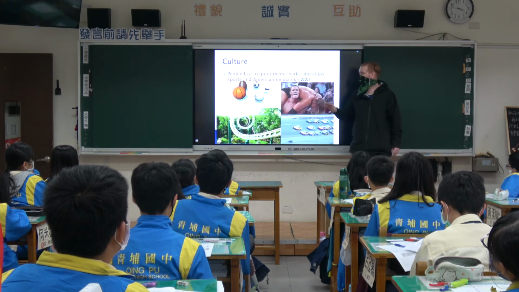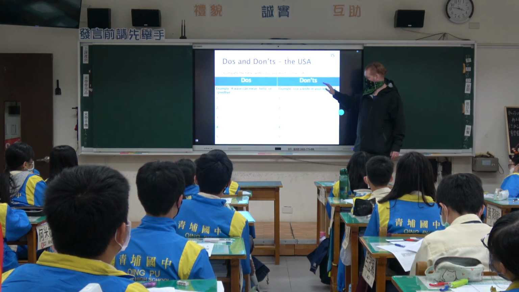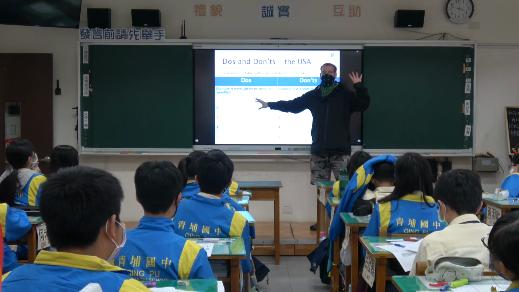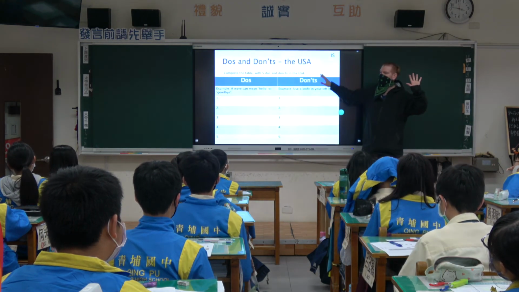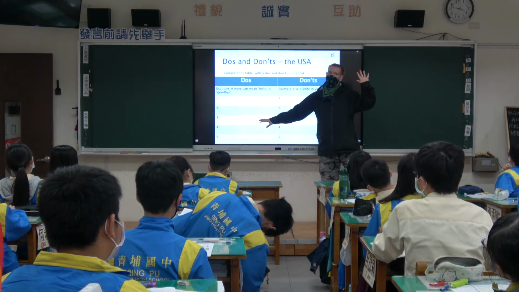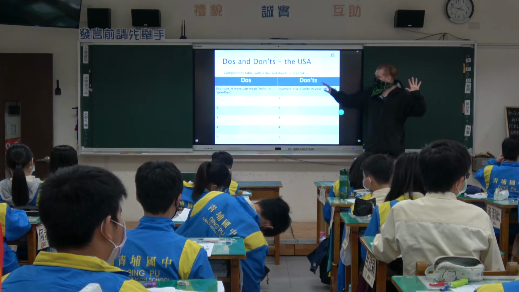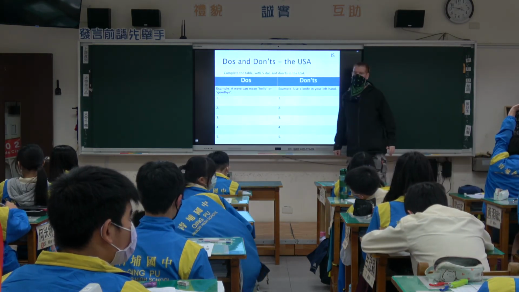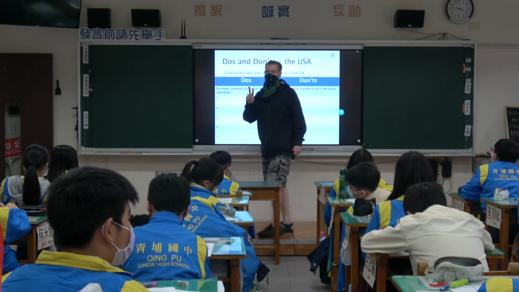Everyone, your homework. Make a table and write 5 do's and 5 don'ts. So 5 things you can do in the USA, 5 things you can't do in the USA. You have about 2 minutes.